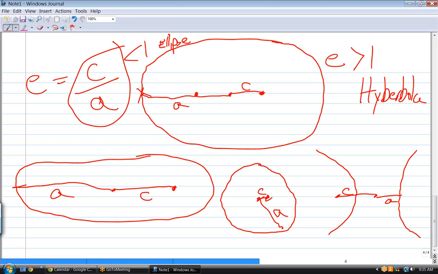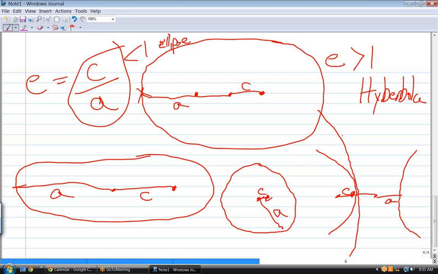As the hyperbola gets flatter, c gets closer to the vertex. So the flatter the hyperbola, the closer e would be to 1.